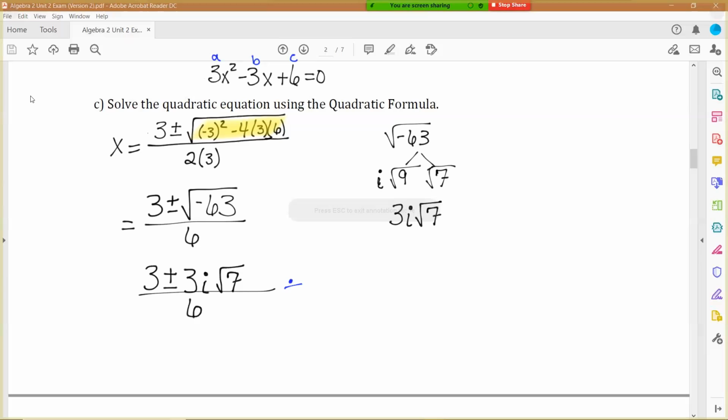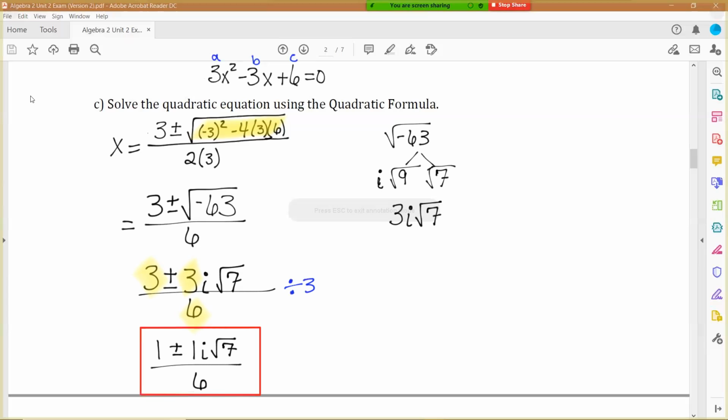So we're going to divide everything by 3. When we divide everything, remember, we're only allowed to divide these 3 numbers by 3, the 7's being protected by the square root. So now I have 1 plus or minus 1i square root of 7, all divided by 6. Final answer.